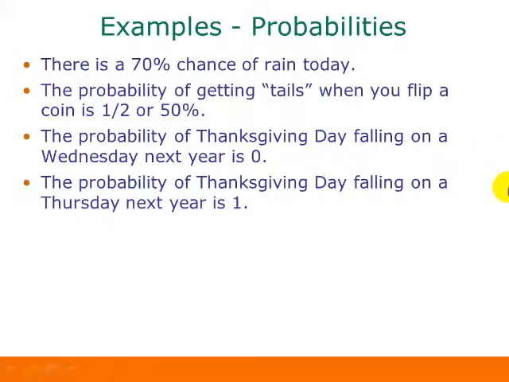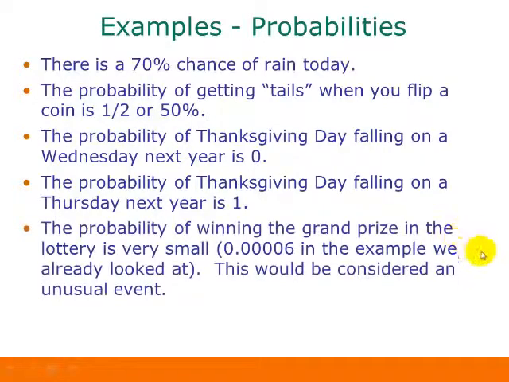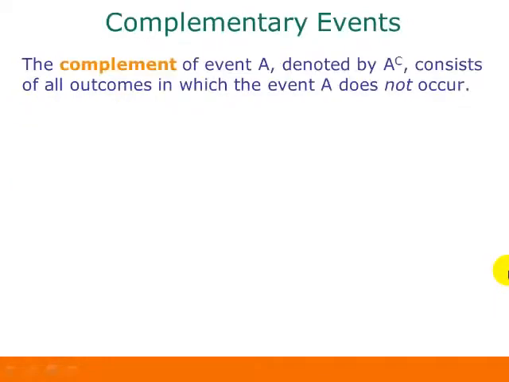The probability of Thanksgiving Day falling on a Thursday next year is 1, or 100%. And the probability of winning the grand prize in the lottery is very small. It was 0.00006 in the example we already looked at. This would definitely be considered an unusual event.